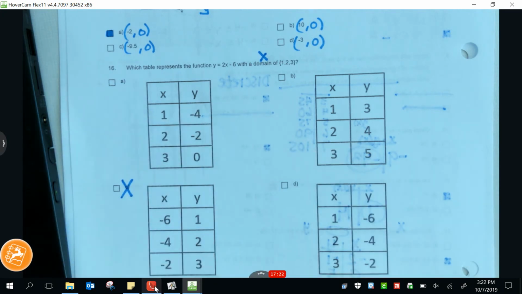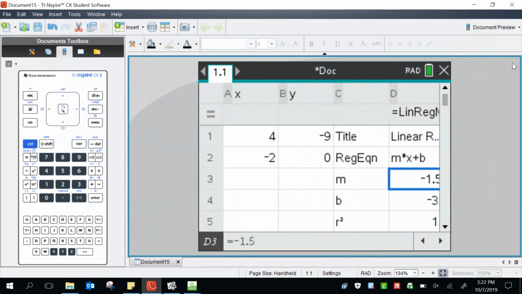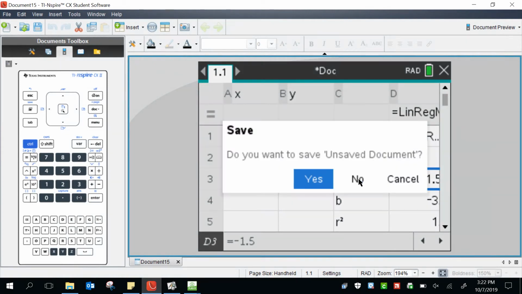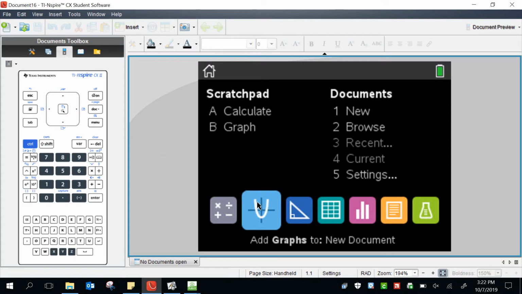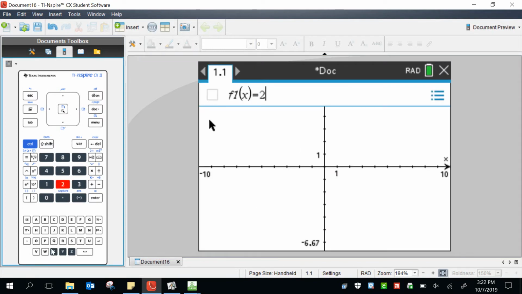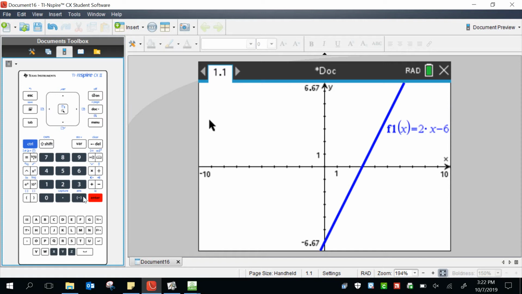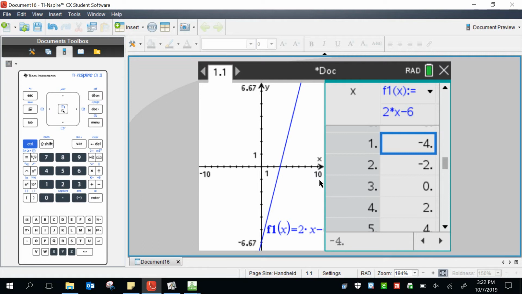So you just use your calculator, 2x minus 6. So if I go to my calculator, 2x minus 6, Control T, and I'm checking for 1, 2, and 3, which is -4, -2, 0. So that would be A.